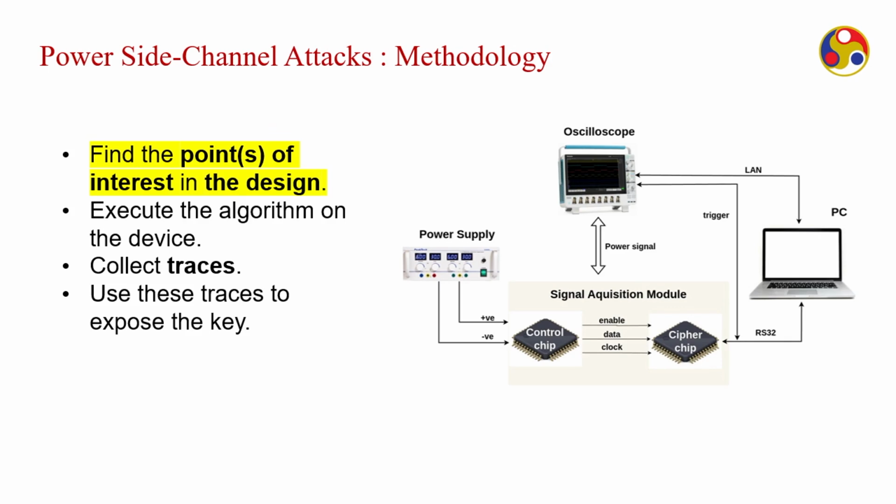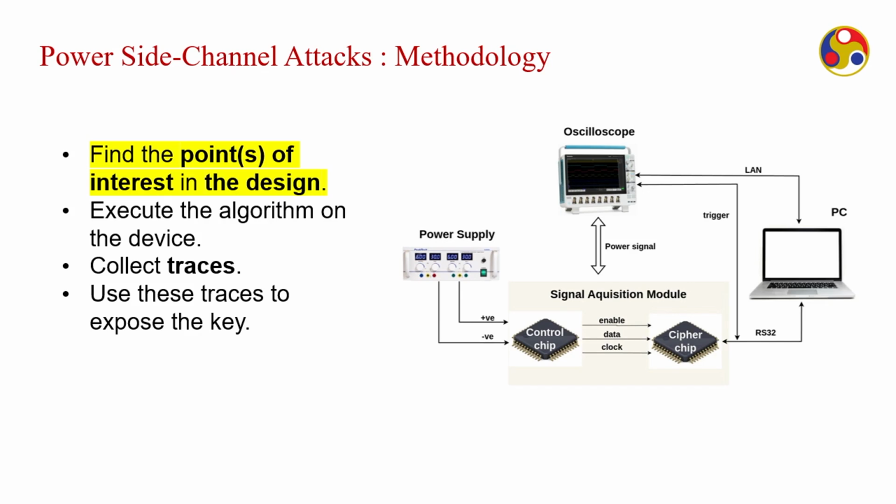So, these are the 4 steps effectively that the attacker should follow for this attack. The first thing is that you find the point of interest in the design. Not everything is interesting. You need to identify which point of the design, or which part of the algorithm, is executing. I want to get the power from that part, right.